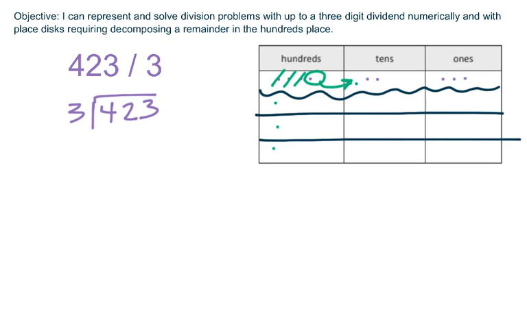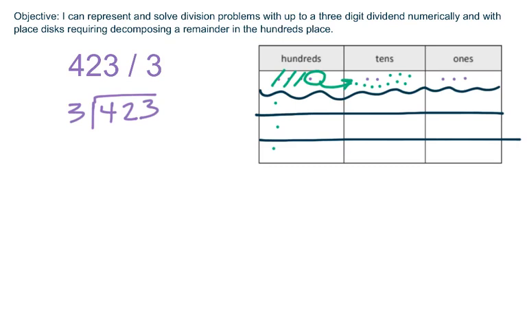So in this case, I need to add 10 dots to my tens place, because when I take 100 and unbundle it into tens, I know that there are 10 tens in 100. So I have 1, 2, 3, 4, 5, 6, 7, 8, 9, 10. I now have 10 tens that I just moved over, in addition to my 2 tens that I already had in there.